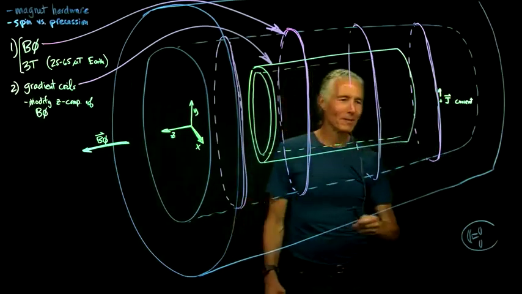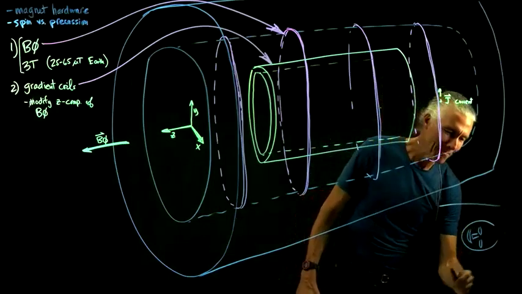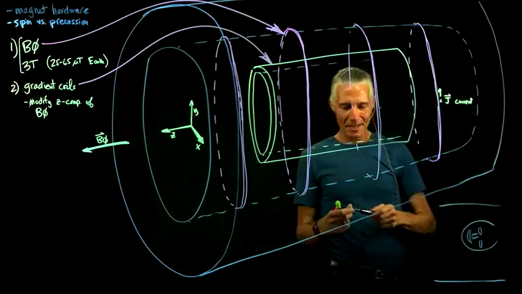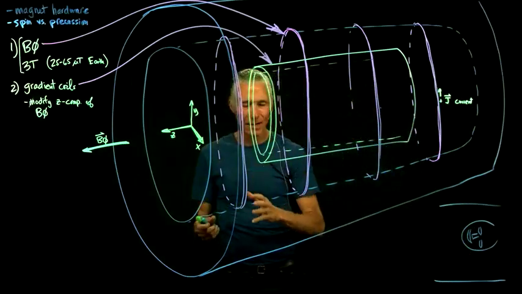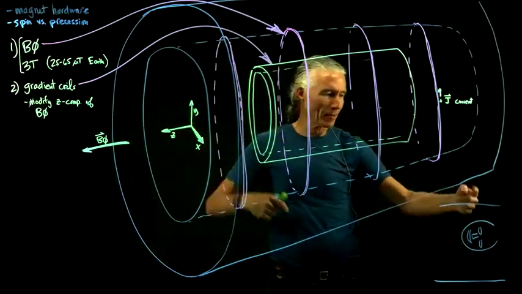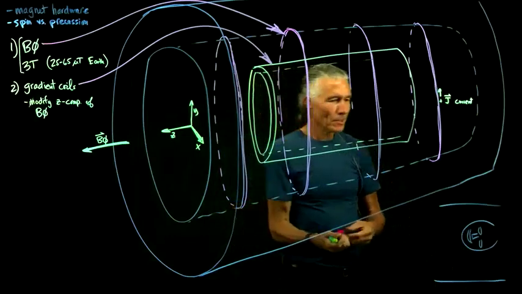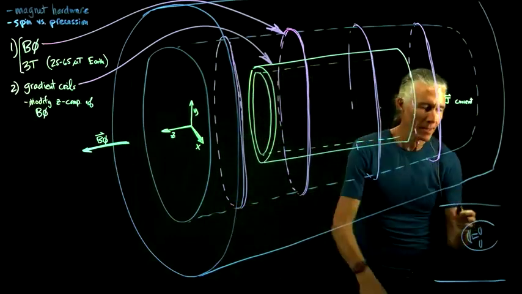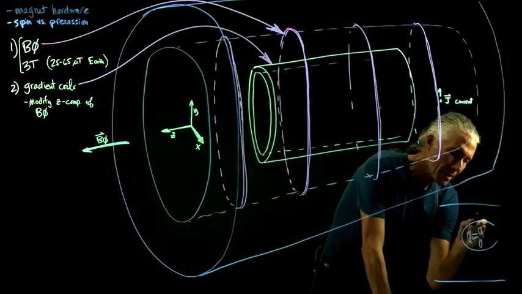So what does the X gradient do? That's the X direction. Left, right is the X direction. You start off with B0 being the same everywhere.